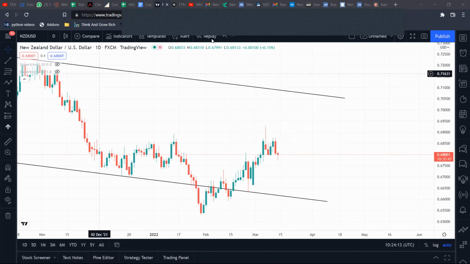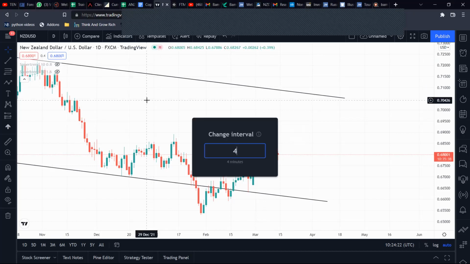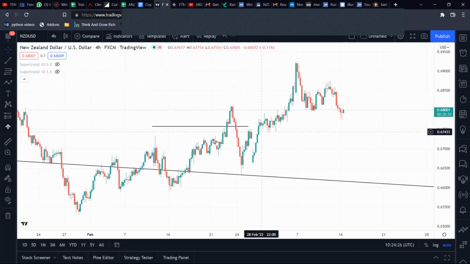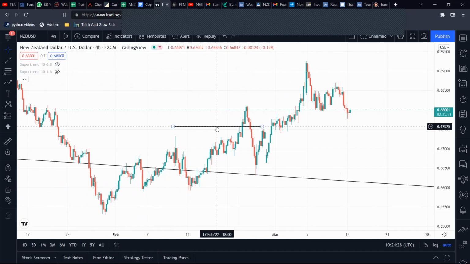The only caveat is if the NZD is also not as weak. If we drop down to the 4-hour chart here, we could start to look for opportunity if we are able to identify clear structure in price.